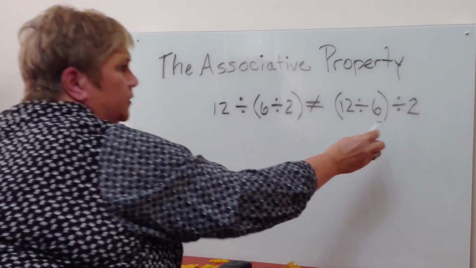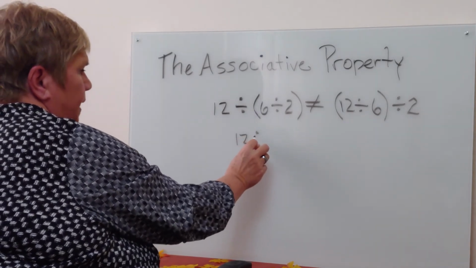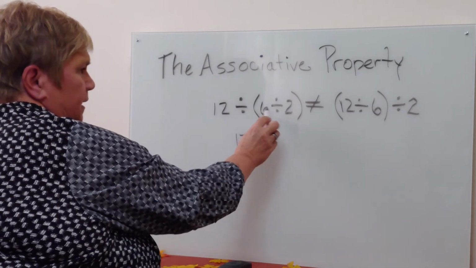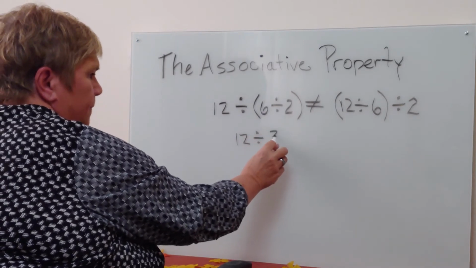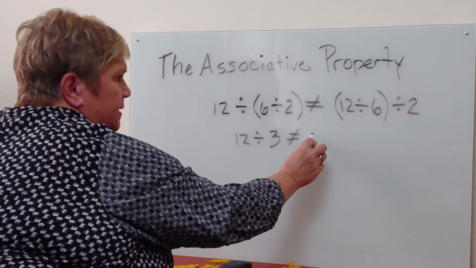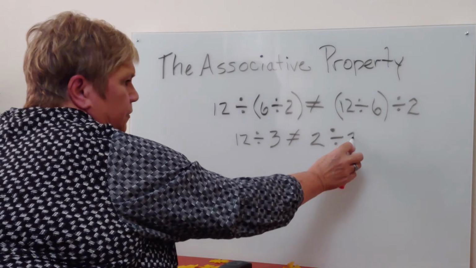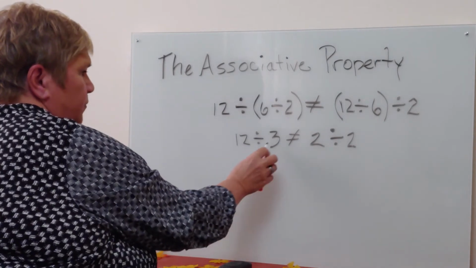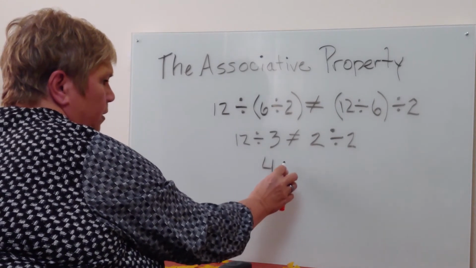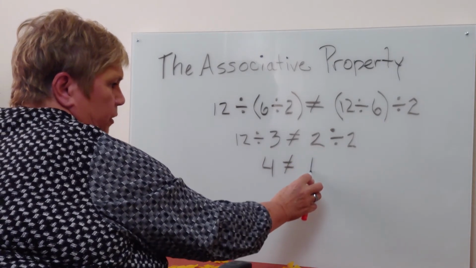Let's work it out. 12 divided by 6 divided by 2 equals 3, does not equal 12 divided by 6 equals 2, divided by 2. 12 divided by 3 is 4, does not equal 2 divided by 2 is 1.